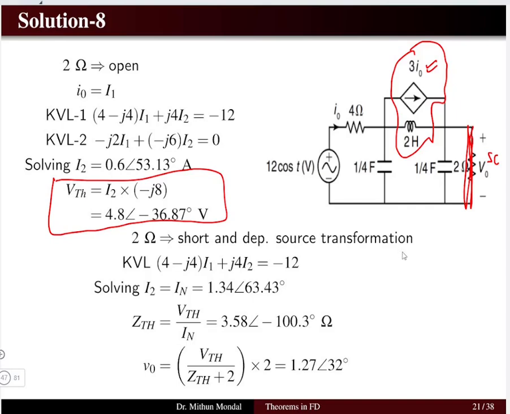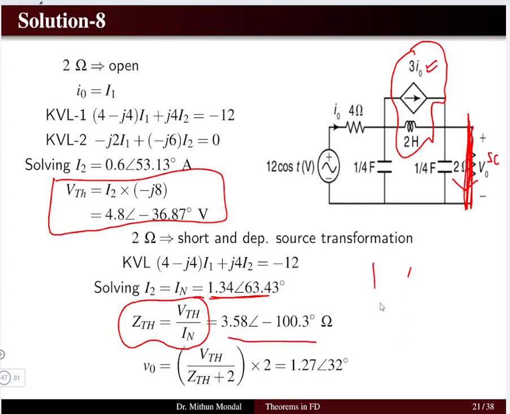Now we can apply the KVL concept and determine the Norton current which is flowing through this short circuit terminal. We can determine that using KVL as 1.34 angle 63.43. Once we have the Norton current, we can apply Z Thevenin equal to voltage Thevenin divided by Norton current. So we have got the Z Thevenin.